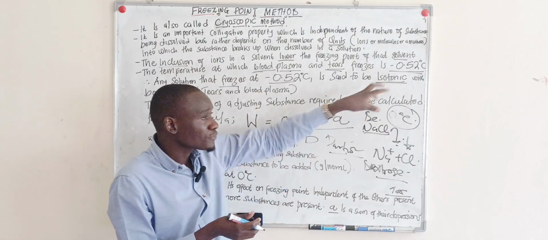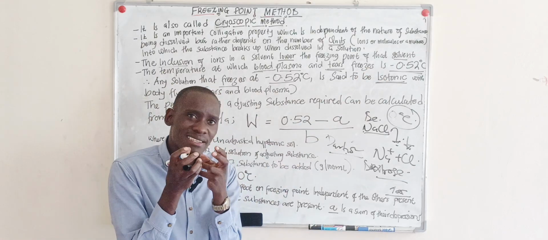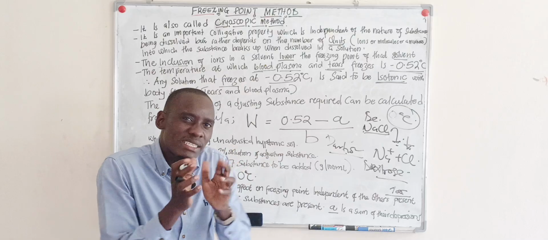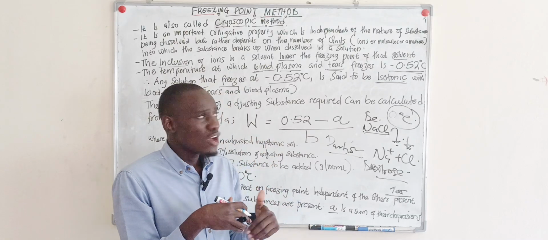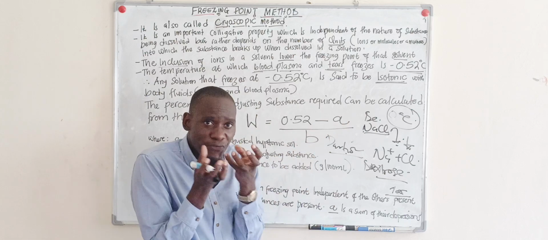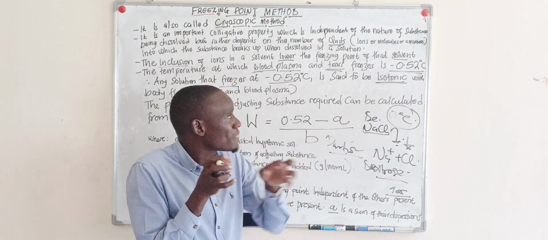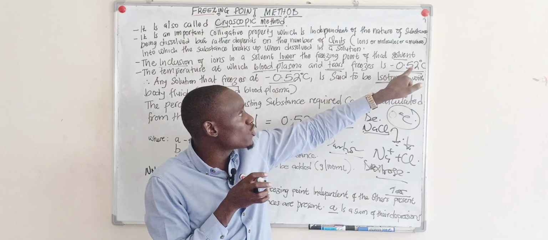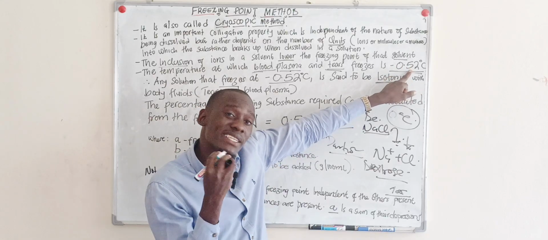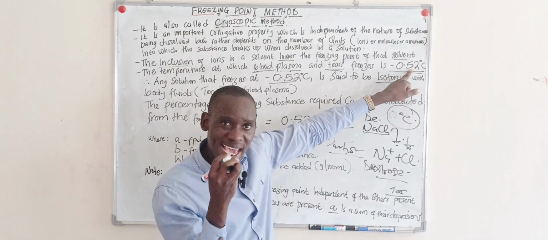That is why you realize that blood has a variety of components, solids dissolved in it. So when blood is, for example, freezing, it will freeze at a freezing point of negative 0.52 because it contains dissolved ions.